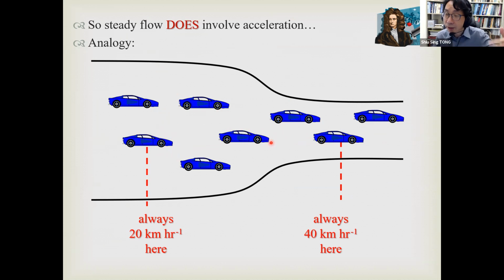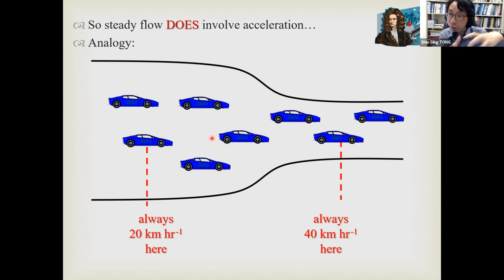If the cars keep on going without stopping, okay, then you will expect, because this part is narrower, the cars have to be moving faster in order not to block the incoming cars, right?